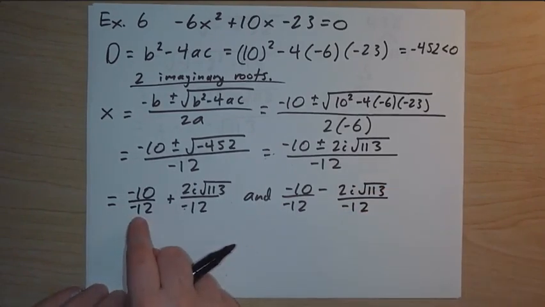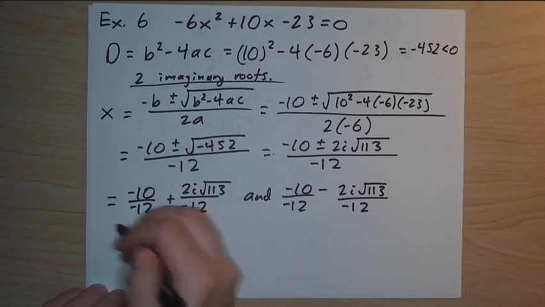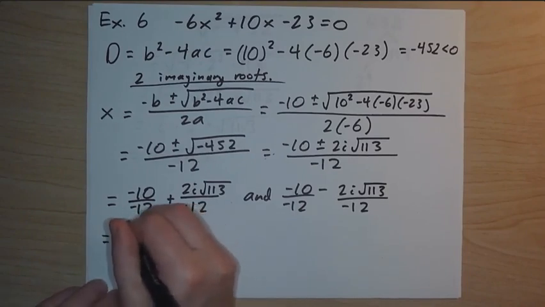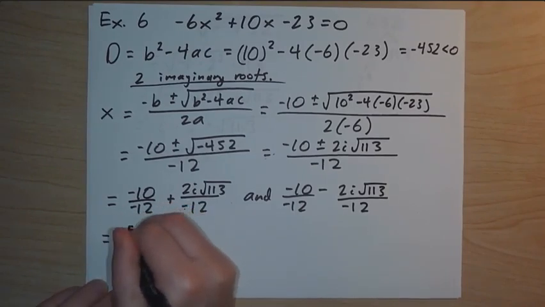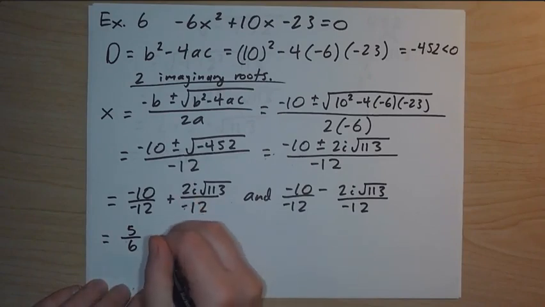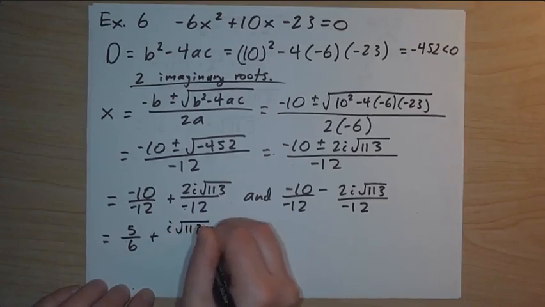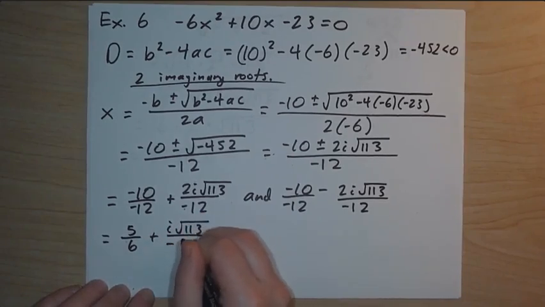So negative 10 divided by negative 12, negative over negative is a positive. 10 divided by 12 can be simplified as 5/6. And then 2i times the square root of 113 and negative 12 have the same common factor of 2. So taking out the 2 from the top and the bottom, we get i times the square root of 113 divided by negative 6.